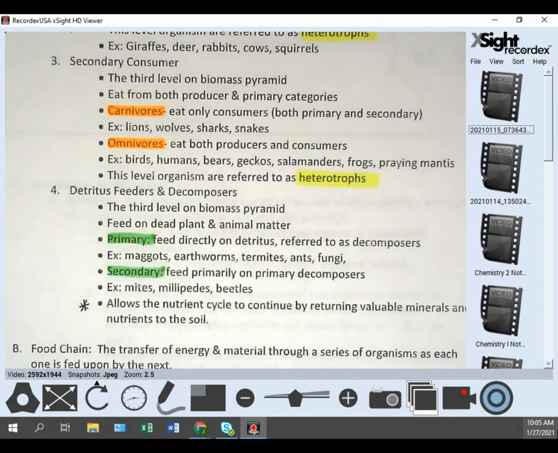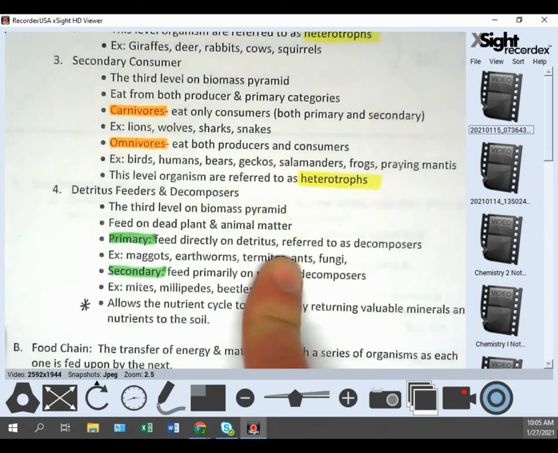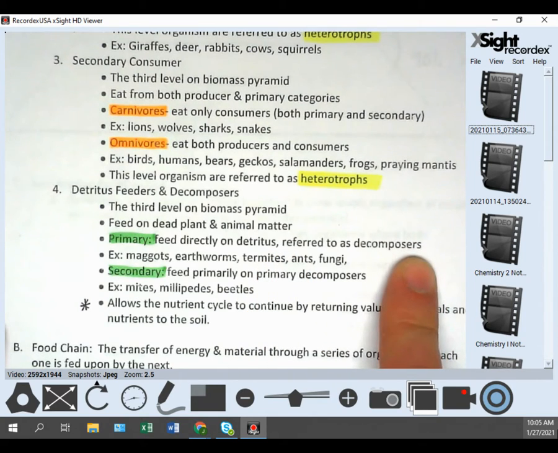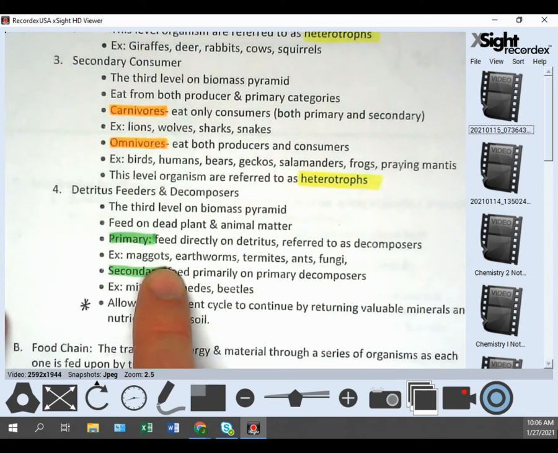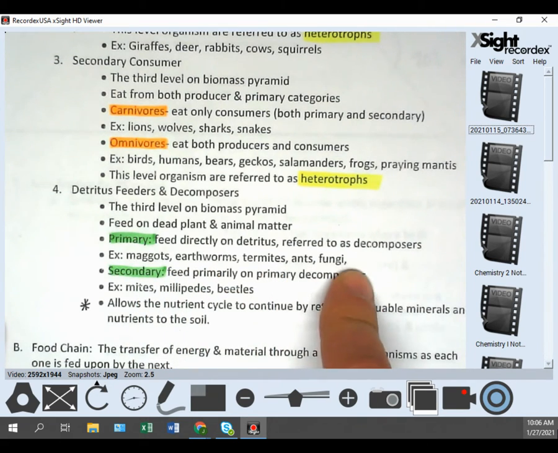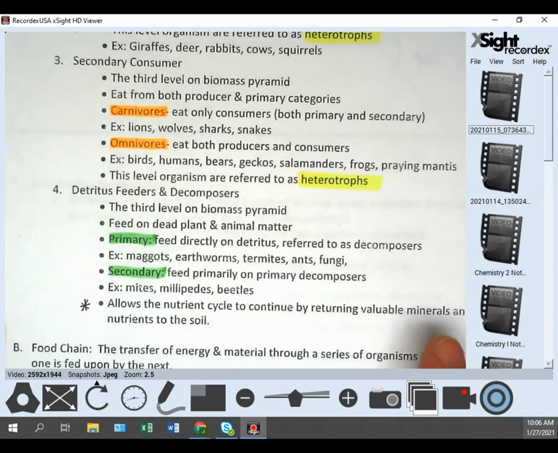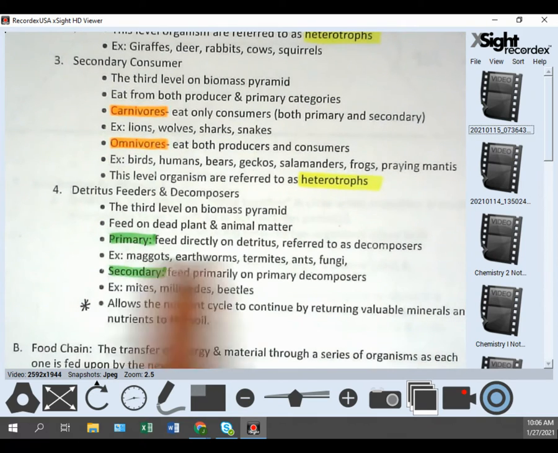Now, they actually break up this category into primary and secondary as well, and it's similar to what they do with the consumers. The primary are ones that feed directly on detritus, referred to as decomposers. Examples of this would be maggots, earthworms, termites, ants, and fungi, the stuff that feeds on dead plant matter and animal matter as well.